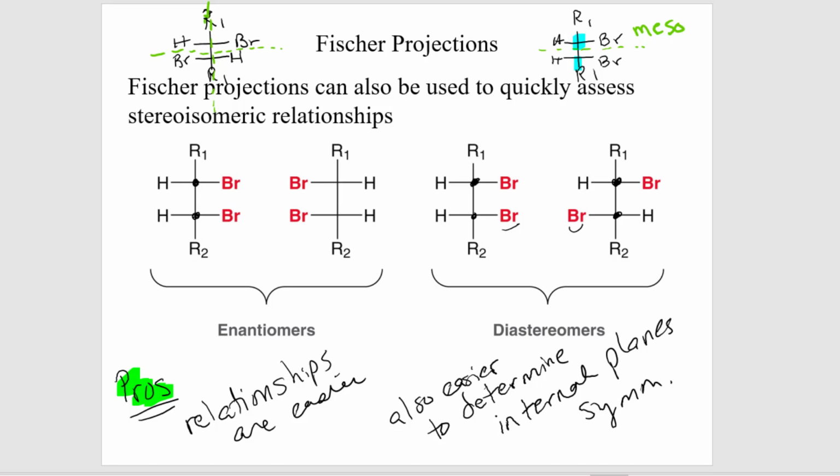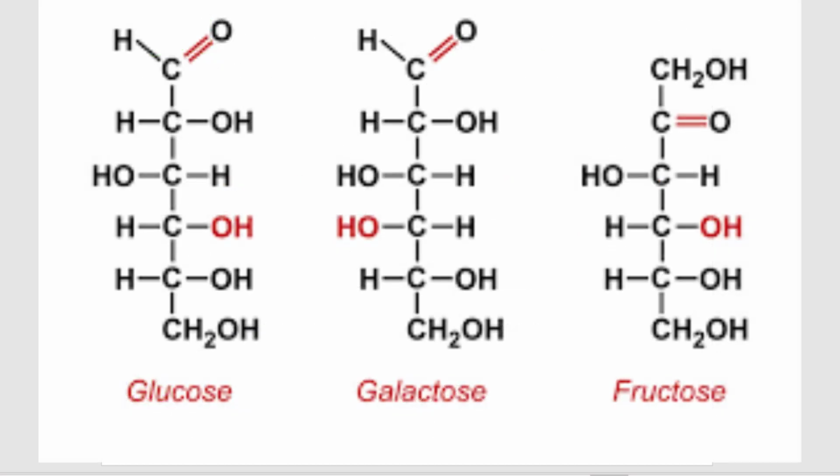Now, if you ever go and look up, just as an example, when you look up sugars and you're looking at the differences between glucose and fructose and sucrose, their structures are super similar to one another. And if you were using zigzags, it would be very difficult to decipher between one sugar and another, carbohydrates meaning.